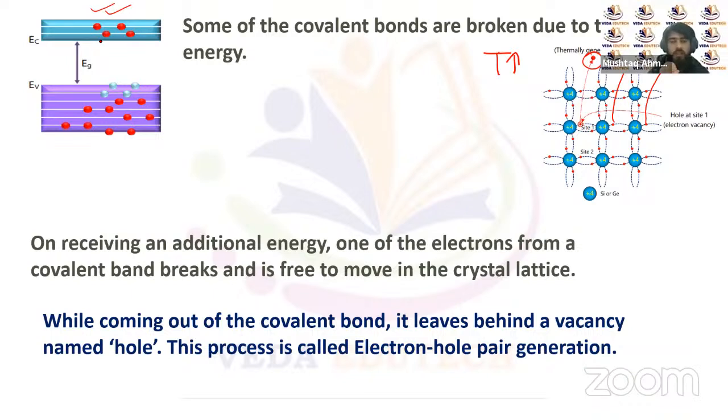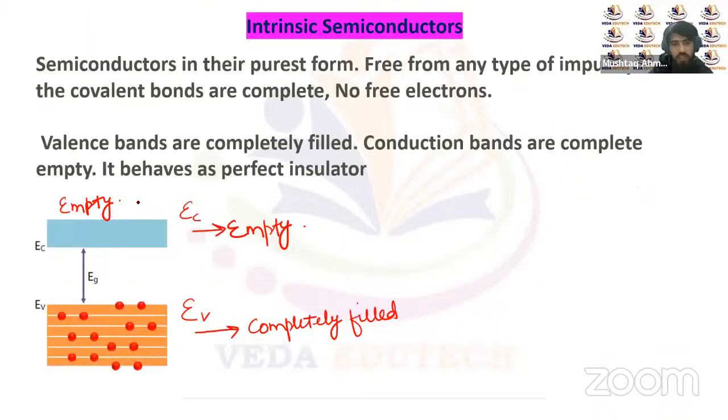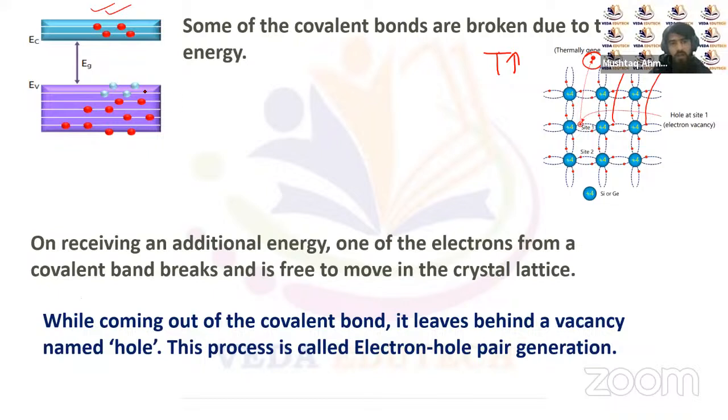The electrons gain energy, then jump from the valence band to the conduction band, and there is a small amount of conduction in intrinsic semiconductors upon increasing the temperature. Initially this conduction band was completely empty, and now it is filled with some electrons, because of which the conductivity of this intrinsic semiconductor increases.